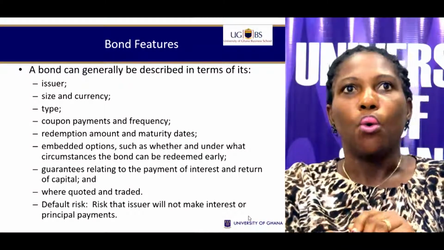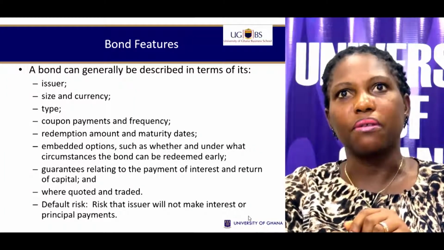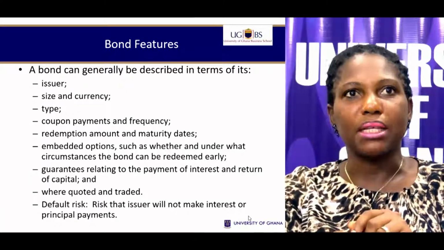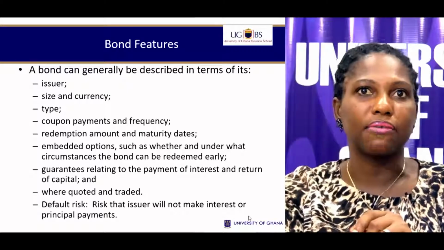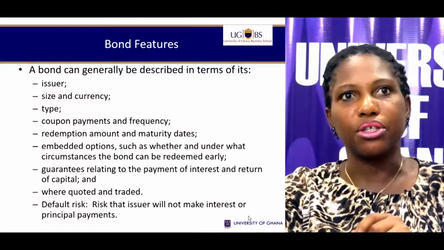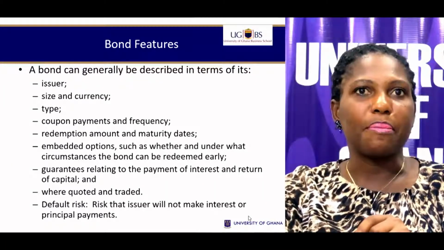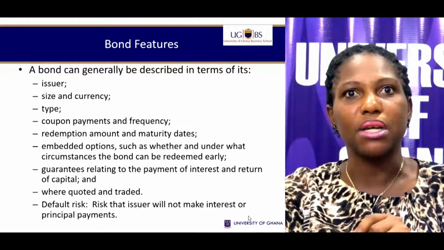Now, when you want to characterize a bond, you can do that in terms of, one, the issuer, the size and the currency; the type, whether it has coupon payments and the frequency of those coupon payments; the redemption amounts and the maturity dates; and whether it has embedded options as to under what circumstances the bond can be redeemed early, so whether it's got call features or warrants.